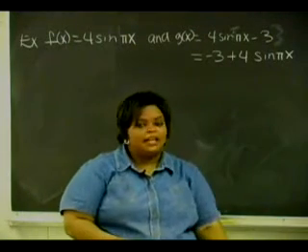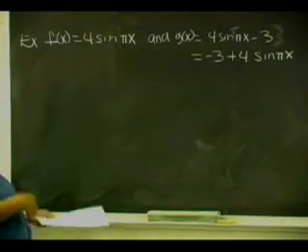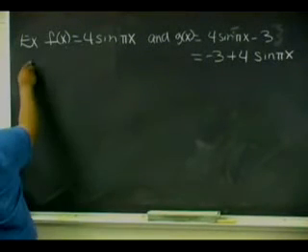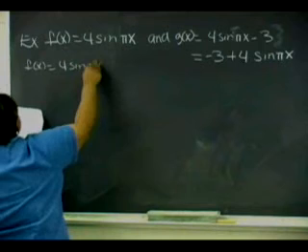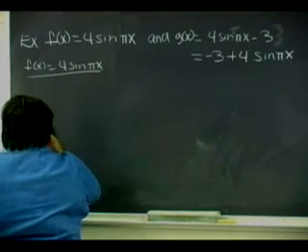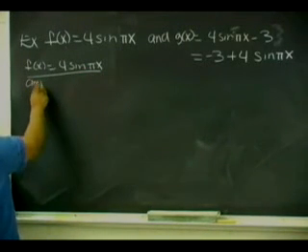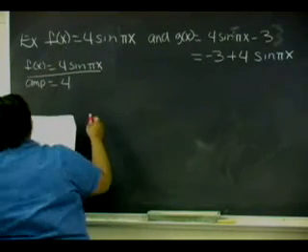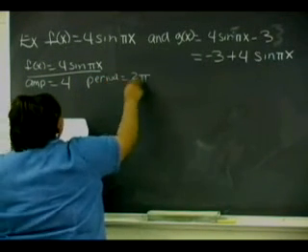So let's work with that f of x graph. And let's try to shift for the g of x 3 units down. So for f of x, my amplitude is what? 4. My amplitude is 4. My period, 2 pi divided by what?